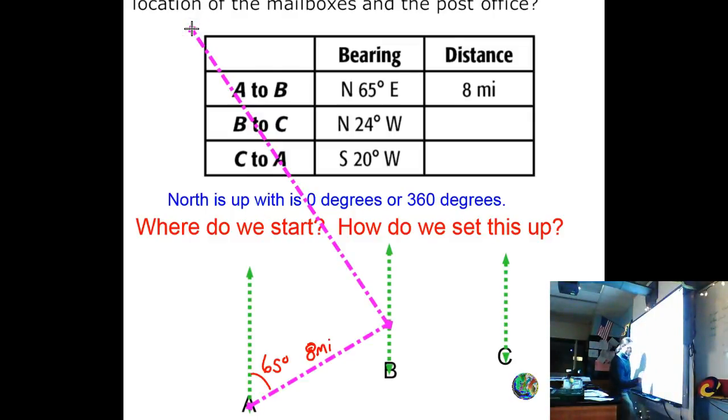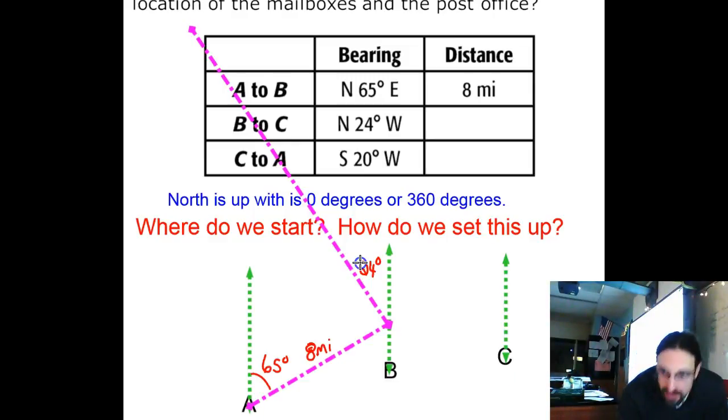So this angle here is 24 degrees. Okay, great. I can handle that. That's fine. Now, it doesn't give me an exact distance, so I don't know where exactly on this line it is, but I know that from B, post box B to the post office is somewhere on this bearing.